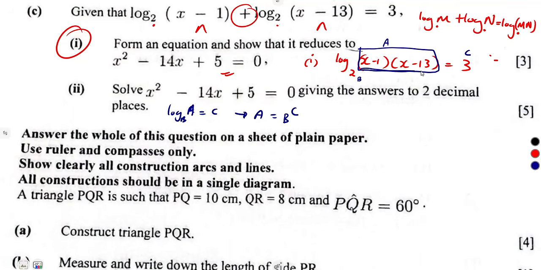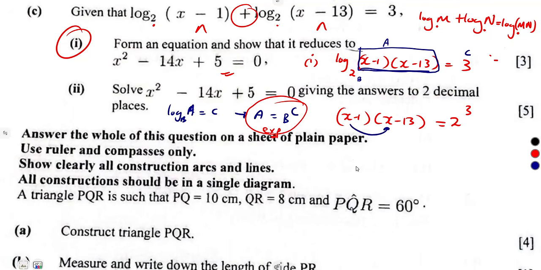So a representing this bracket as it is x minus 1 into x minus 13 is equal to 2 to the exponent of 3. B to the exponent of what? C. We want to write in what? Exponential form. So that's 2 to the exponent of 3. Expand these brackets, simplify, you're done.